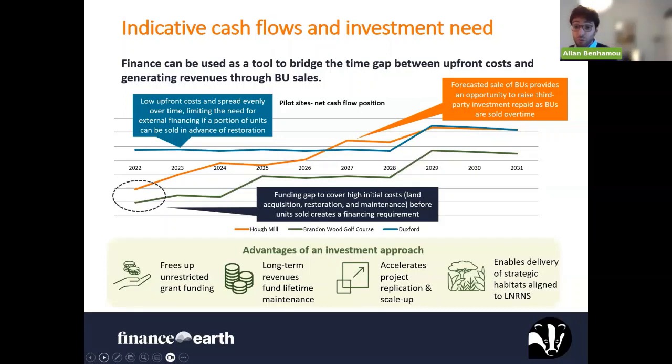With the investment approach, you could simply bring an investor on board to cover most of the costs until the project is revenue generating. The other advantage was that the project could generate long-term revenue to cover lifetime maintenance, accelerate project replication and scale up, and also enable strategic delivery of strategic habitats.